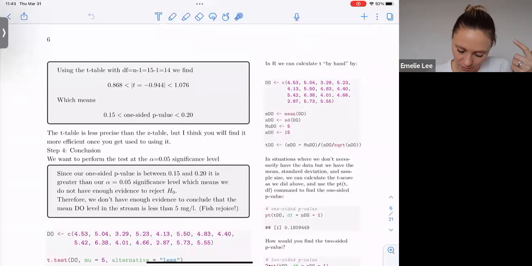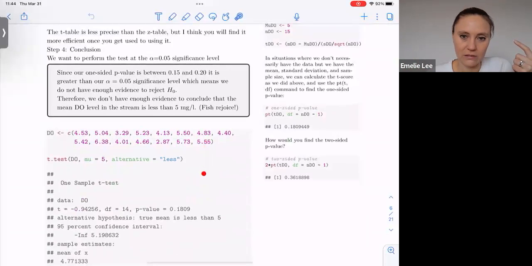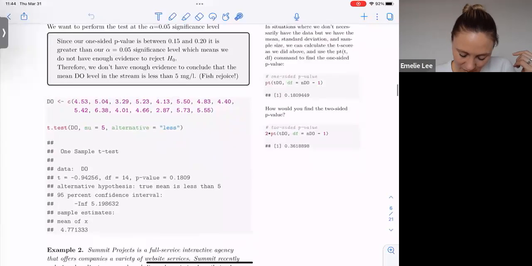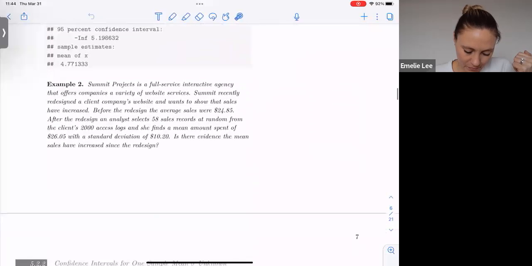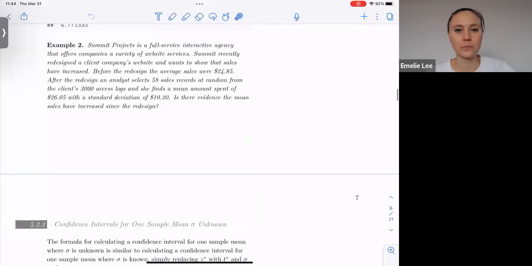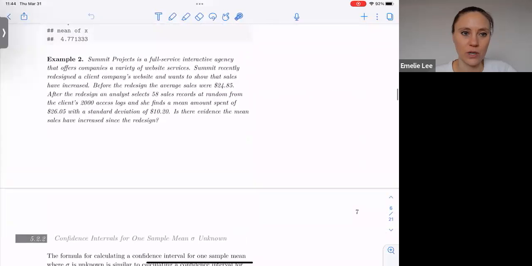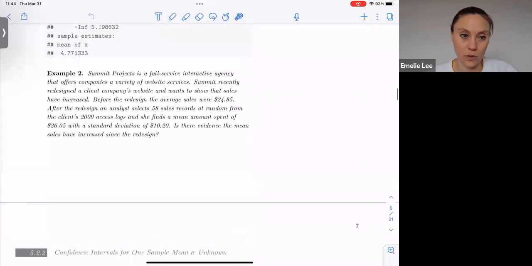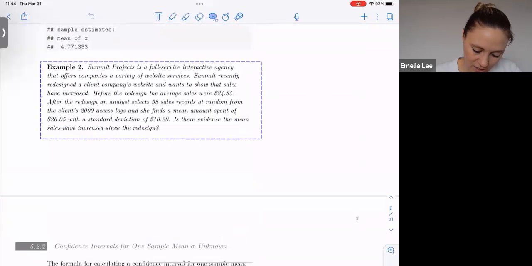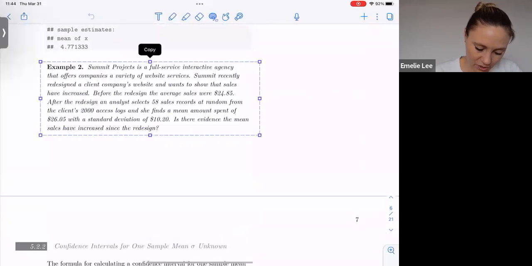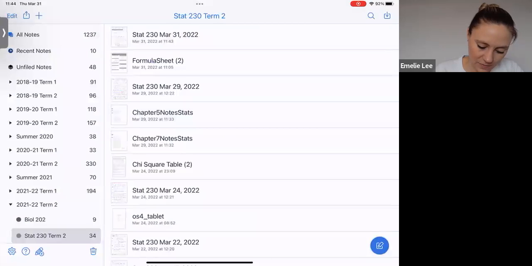I also have shown you how to find it in R, which we're not really using because we're kind of short on time, but we would use it in Stat 240, so it doesn't hurt to show it here. Maybe what I should do is just show you example 2 instead.